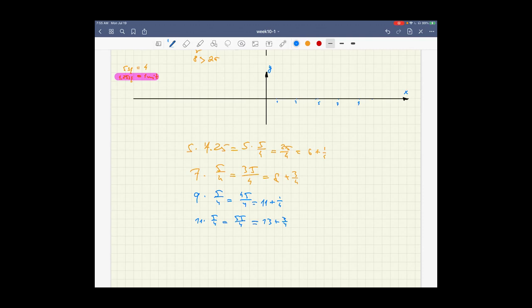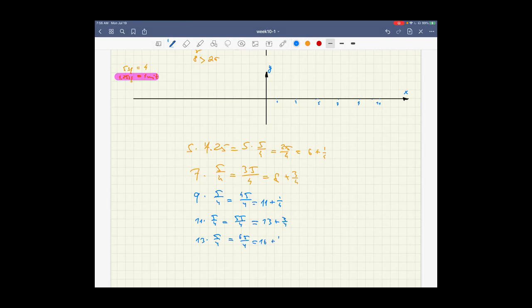Something doesn't feel right. That's 11. And 13. That's 65 quarters. That's 64 over 4.